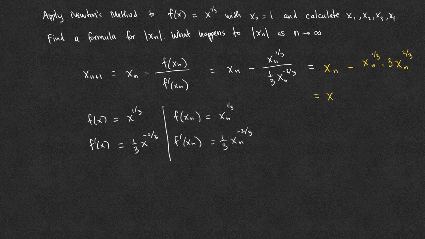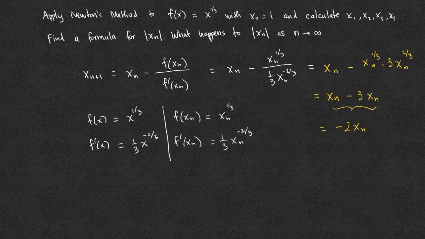So this is x sub n minus 3 x sub n to the power 1/3 plus 2/3, which is 3/3 or 1. Simplifying this, we have negative 2 x sub n.